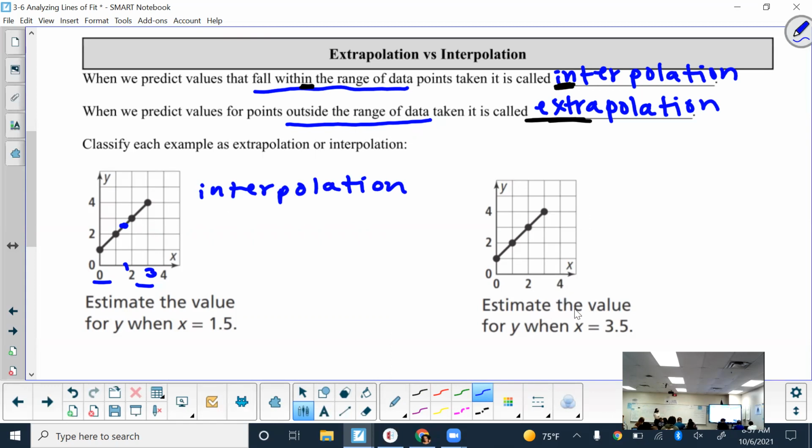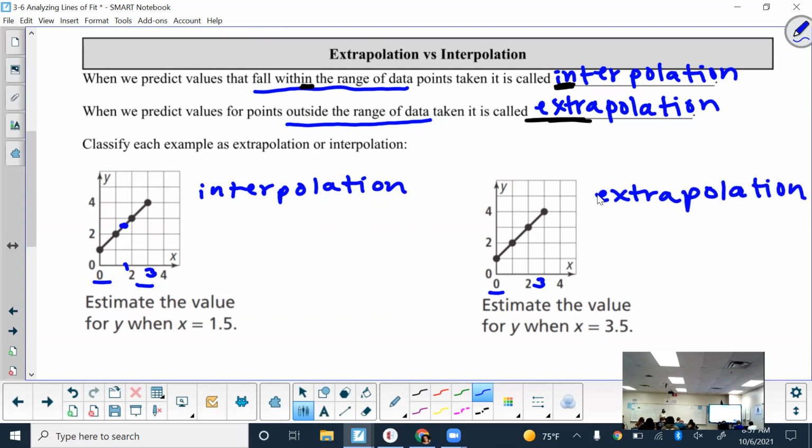What about over here when we're estimating when x is 3.5? Is that in the range or outside the range of data? So remember, our data goes from 0 to 3. So 3.5, is that between 0 and 3 or outside 0 and 3? So that would be extrapolation.